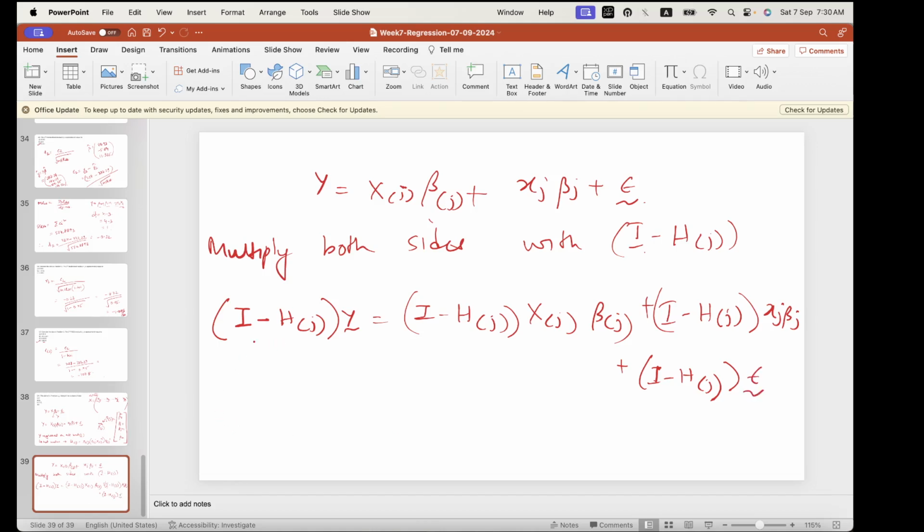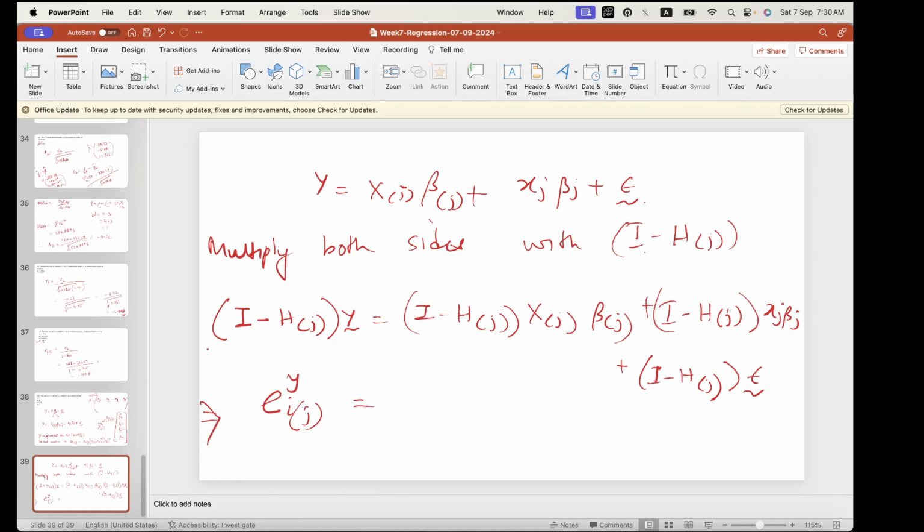So this one is nothing but the residual when y was regressed on all variables except xj. According to our notation, this will be e_j,y.